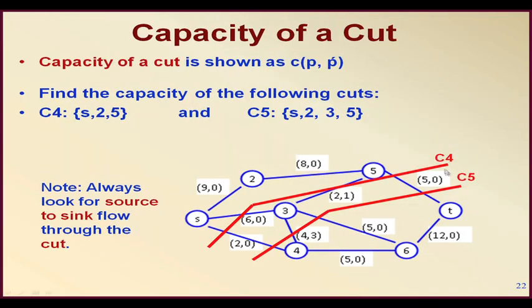We have seen a cut C4. What is the capacity that we have computed? This side is 5, this side is 1, this side is 6 and this side is 2. That means 5 plus 1, 6, plus 6, 12, plus 2, 14, right. So, there is a cut C4 we had already found whose capacity was 14, right.